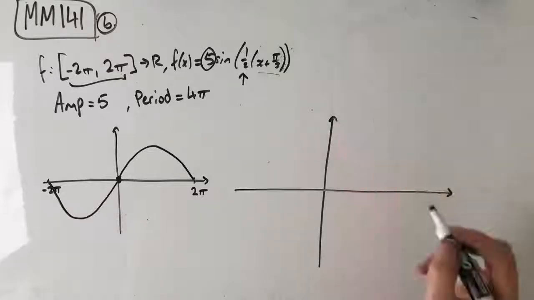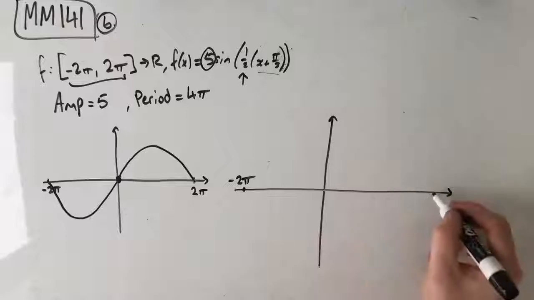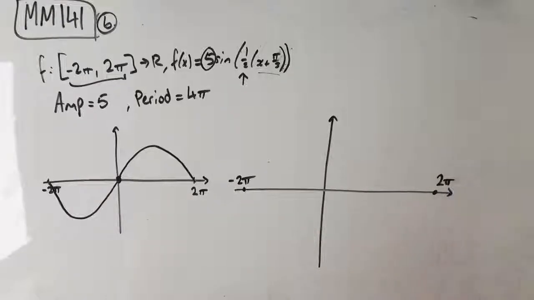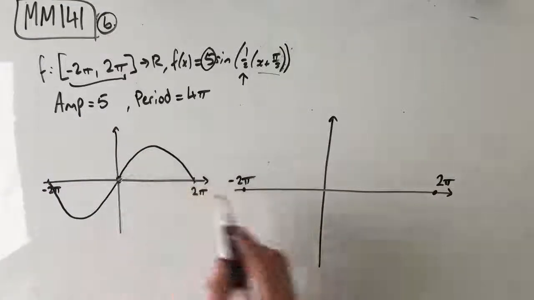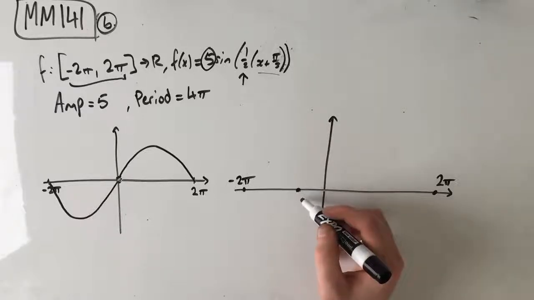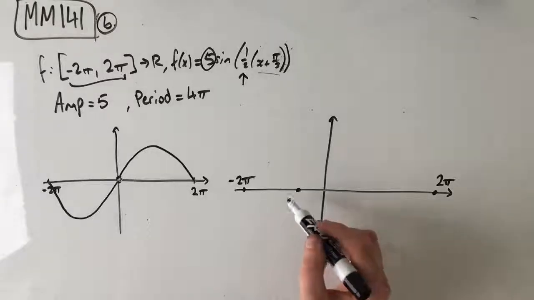So let's just draw another one where we've got 2 pi here, sorry, negative 2 pi, 2 pi here, and we're actually going to move it this way, which means that our 0 point is actually going to end up here at negative pi on 3, right? Because if we move it pi on 3 to the left, it's going to end up at negative pi on 3.